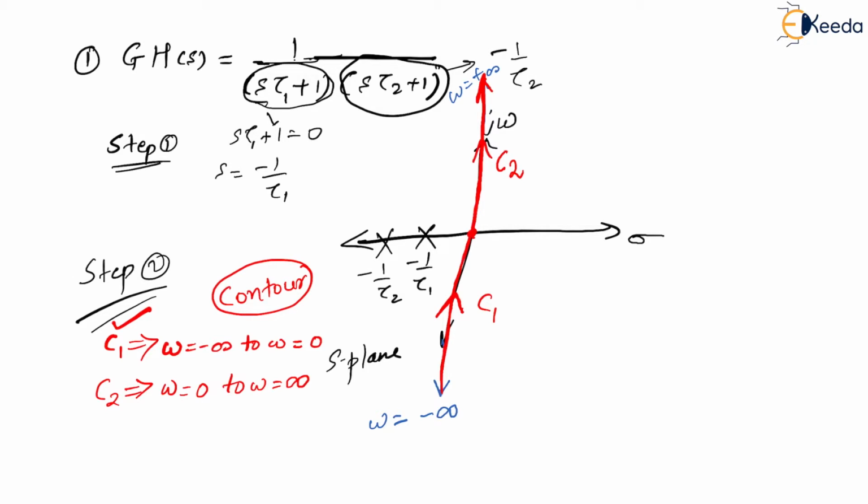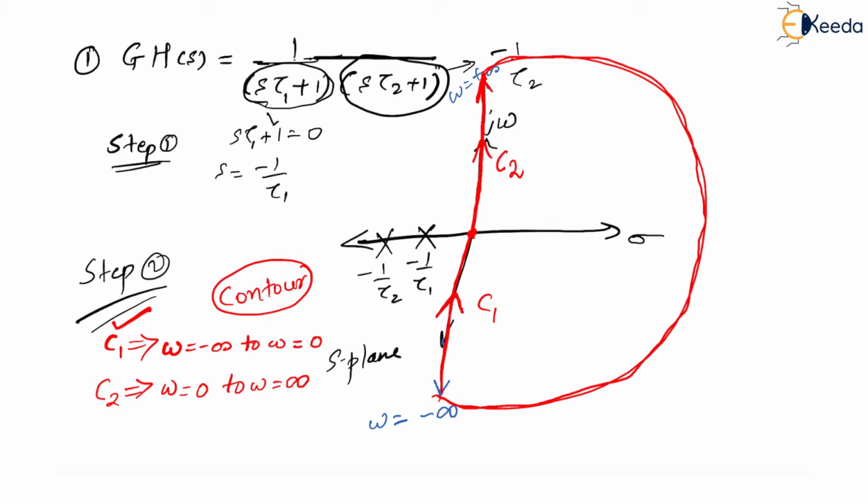But you are interested in the entire right half of the S-plane. So since you are interested in that, I will draw an infinite radius circle over here, such that my entire right half of the S-plane is covered.